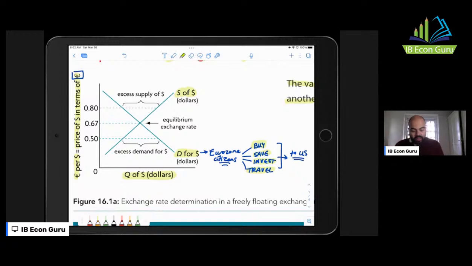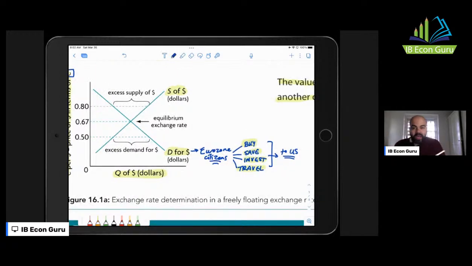What about the supply of the US dollars? This comes from US citizens or US residents who wish to buy goods and services from the Eurozone, save or invest in the Eurozone financial markets, or travel to Eurozone countries.